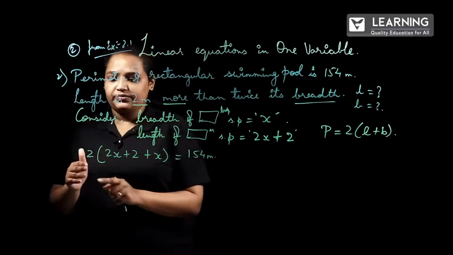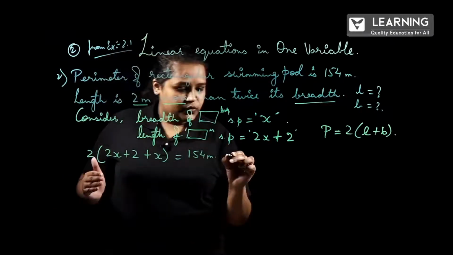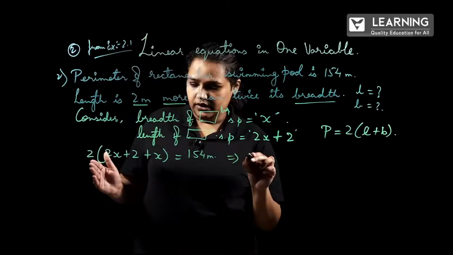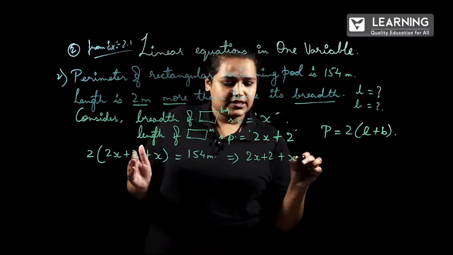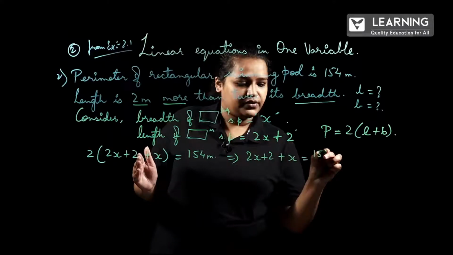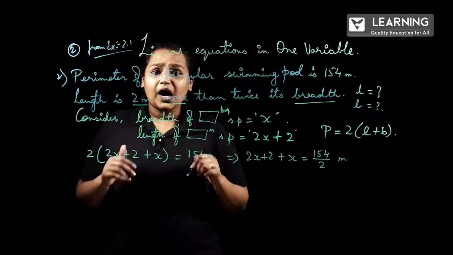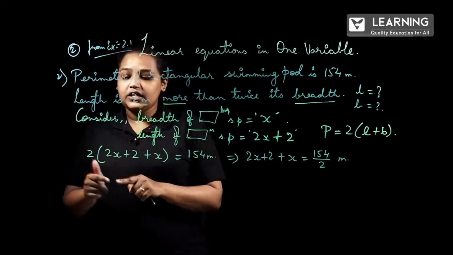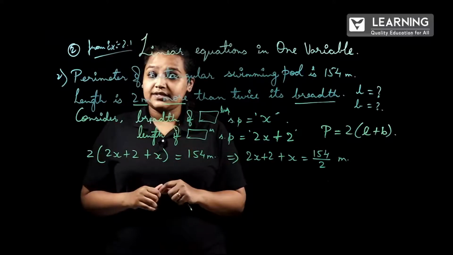Now what we'll be doing? Let us shift the 2 from LHS to RHS. So here, 2x plus 2 plus x will be equal to 154 divided by 2 meters. Do we have any like terms?